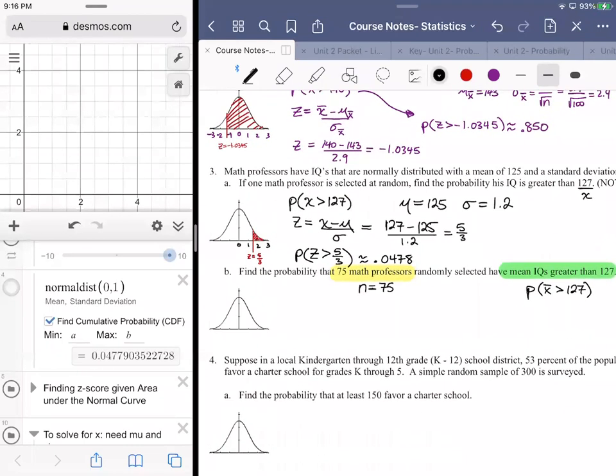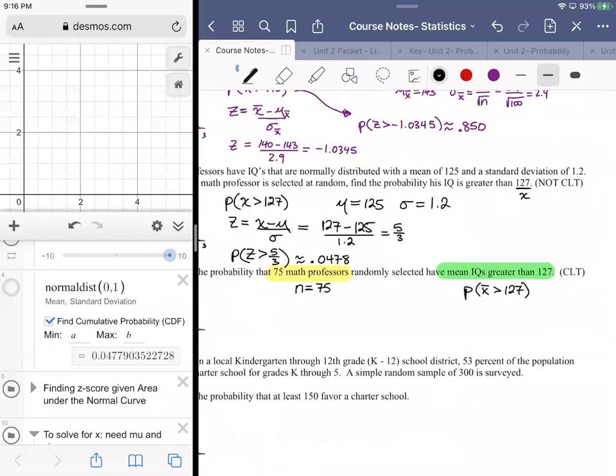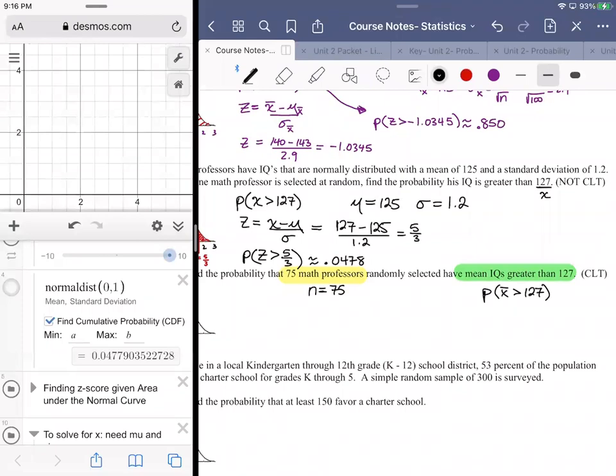But in terms of the computation, there's really not much more to it, because like we did before, I need mu sub x bar and I need sigma sub x bar. Mu sub x bar is the same as mu, which in this case is 125. Sigma sub x bar is sigma over the root of n, which in this case is 1.2 divided by the square root of 75.